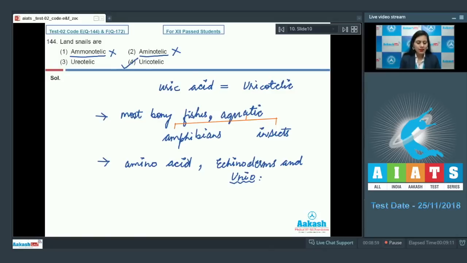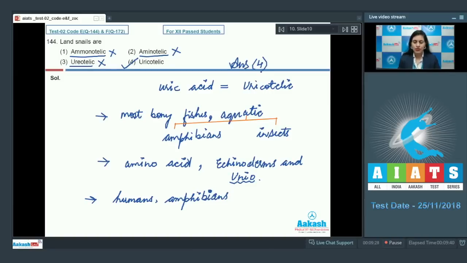Now the next option given is ureotelic, and this is an incorrect option because ureotelic organisms are those which excrete urea. They are mostly terrestrial and include humans as well as terrestrial amphibians. So the correct answer for this question is option number 4.